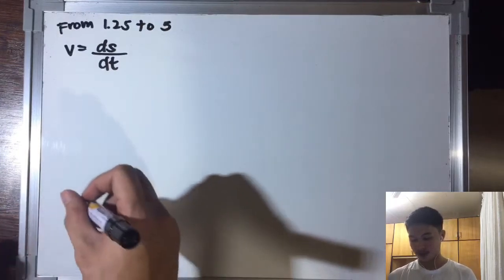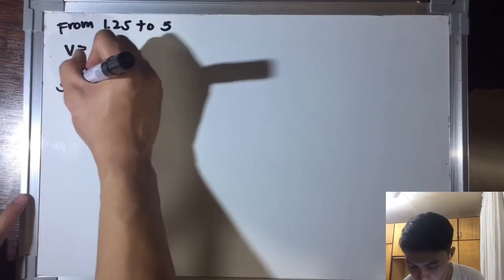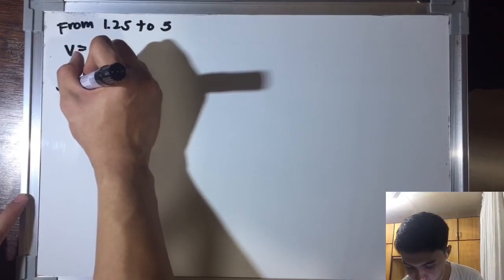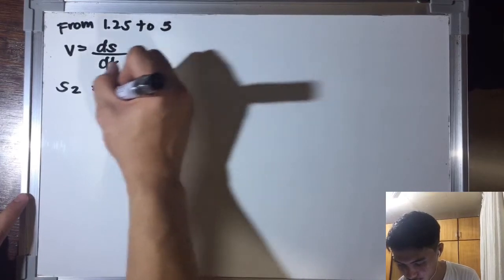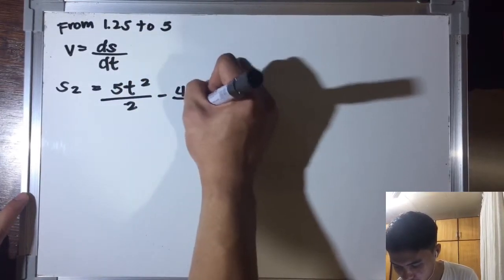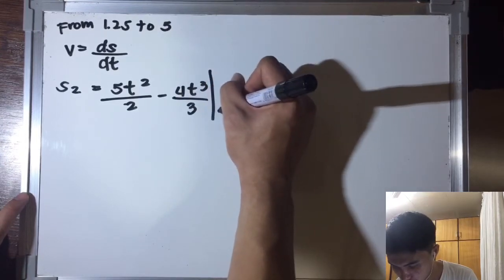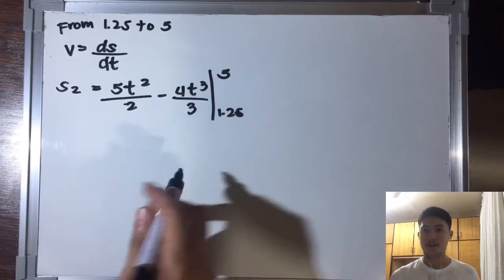To make our lives easier, we are just going to copy the integrated form of the velocity, which is 5t squared over 2 minus 4t cubed over 3, limited to 1.25 to 5 seconds.